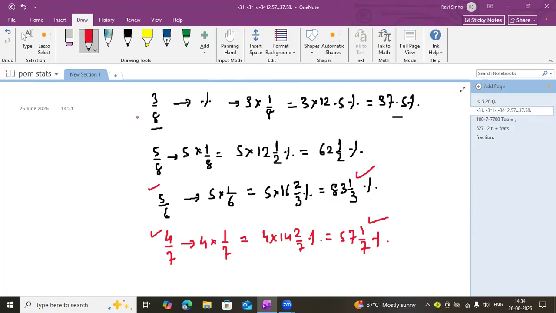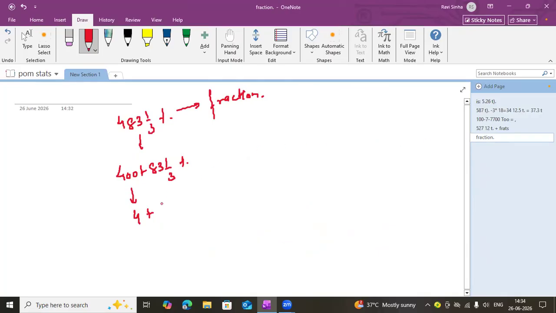So all these fractions are very commonly used: 3 by 8, 5 by 8, 5 by 6, 4 by 7. If I can remember all these fractions also, then it will become far easier to solve the problems. So 83 1 by 3% is 5 by 6. And just solve it. 6 4s are 24, 6 is the LCM, plus 5, 29 by 6.